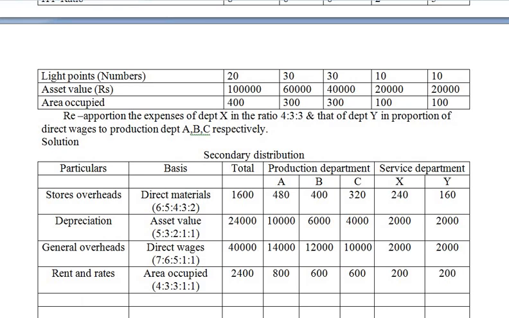Okay, now next is motive power. Motive power is related to what? Related to electricity. So that is HP ratio. HP ratio is already given in the problem.